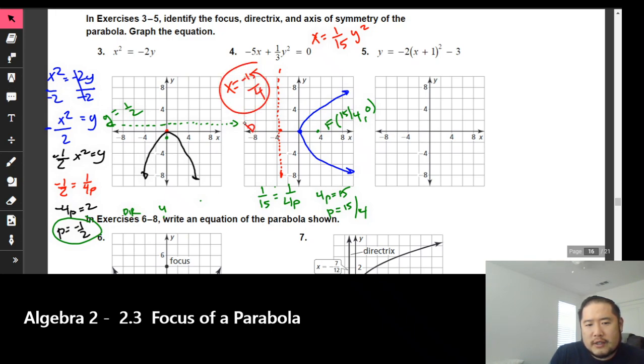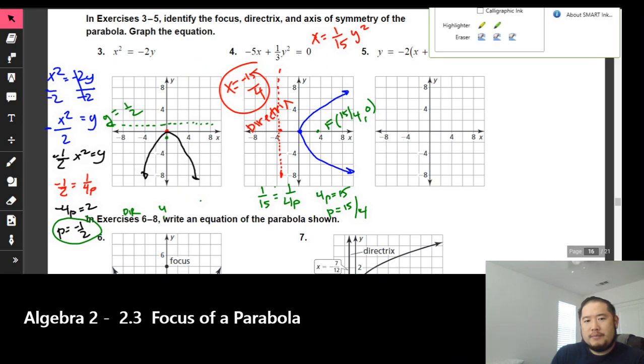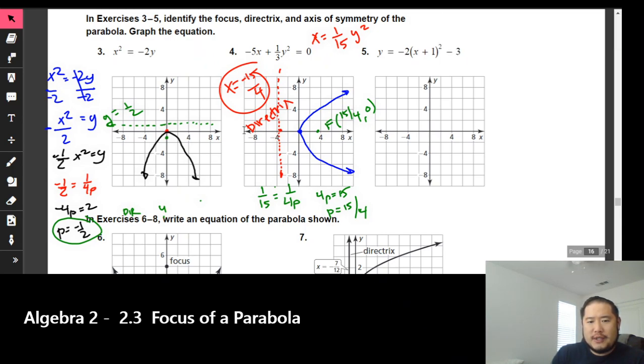And this is your directrix. All right, I want to go ahead and clean this up right here. Axis of symmetry would be the horizontal line, y is equal to 0.